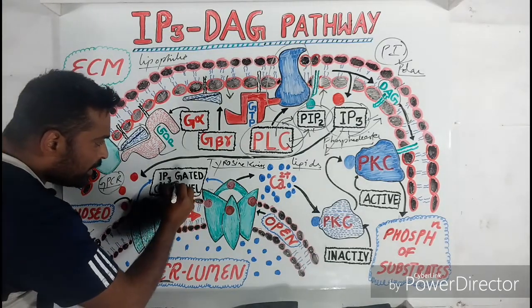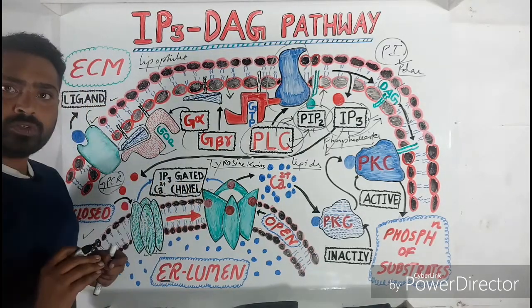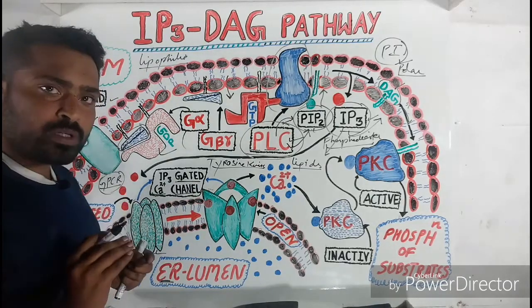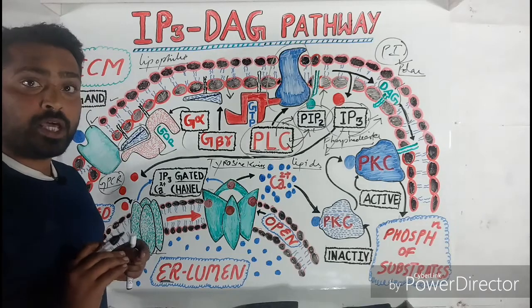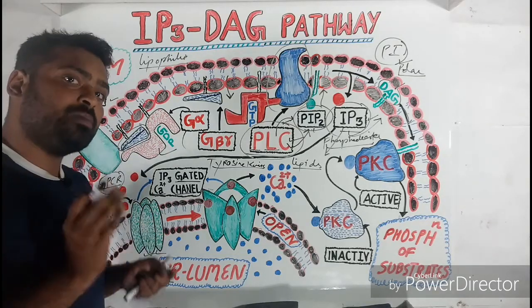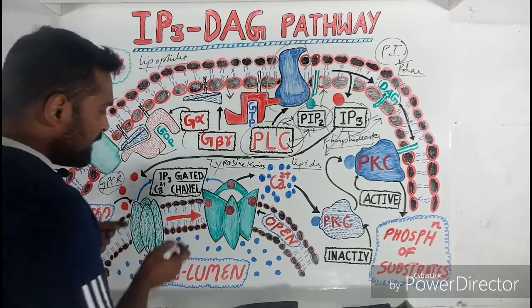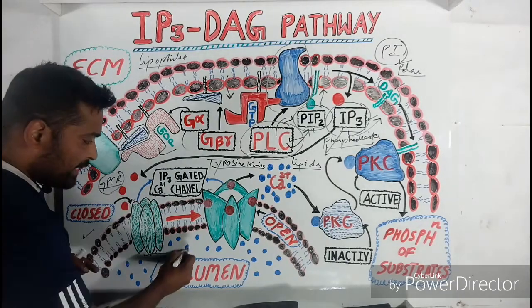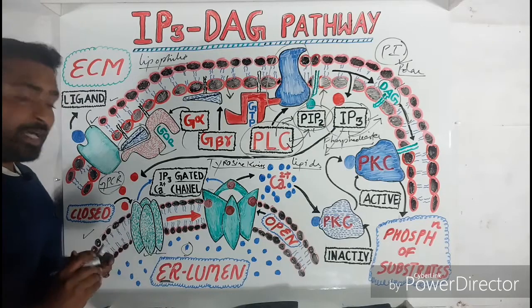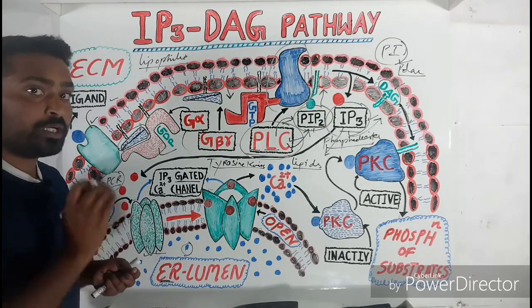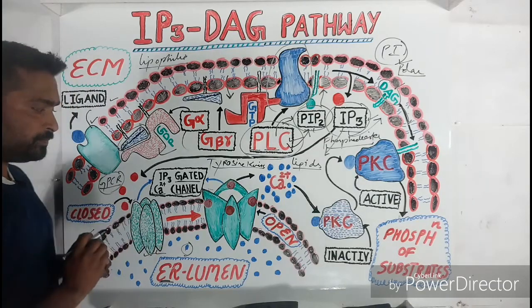Then we have a gated channel. That means sometimes this channel is closed and sometimes it is open. Now for the entry or the exit of these calcium ions, it needs to be opened. How would it open? This is a question.